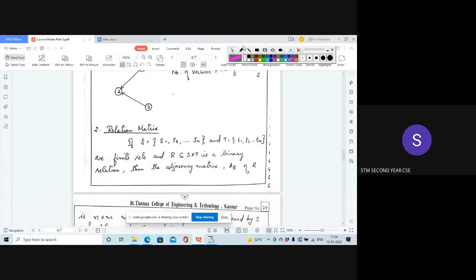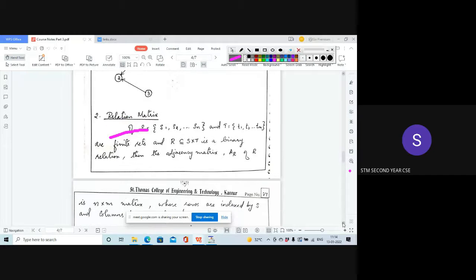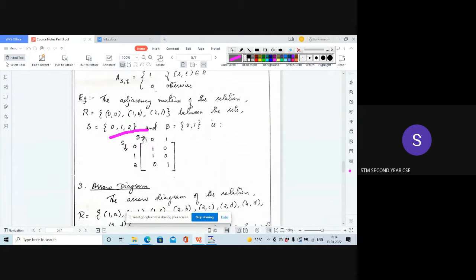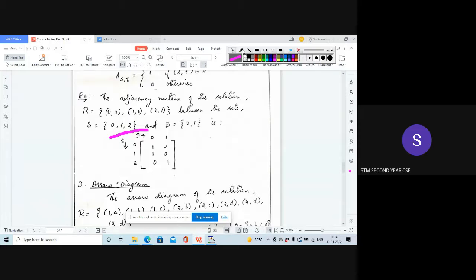Relation matrix, also called adjacency matrix. Here, in the relation matrix or adjacency matrix, we represent the relation in matrix form. This is the matrix. You draw a matrix in square brackets, just like I hope you have studied matrices.